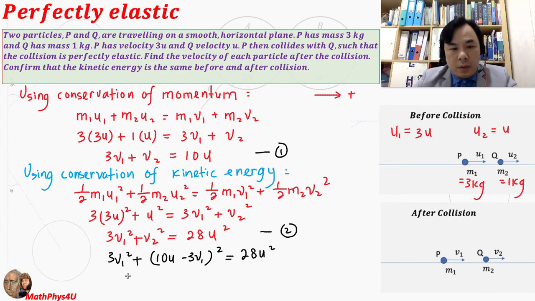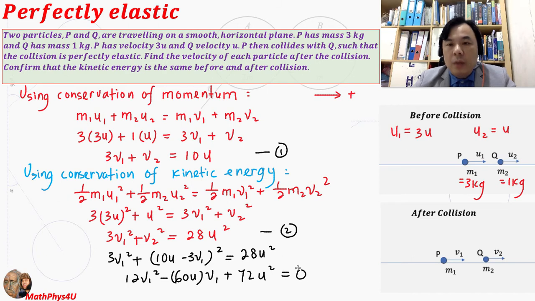From here, I will get 12v1 square minus 60u v1, and finally plus 100u square minus 28u square, which is 72u square, equal to 0. Then of course you can simplify this. I noticed that I can divide that by 12, so that would give me u.